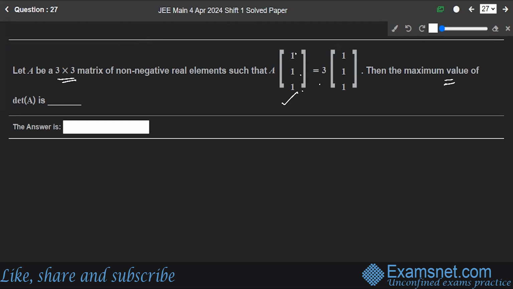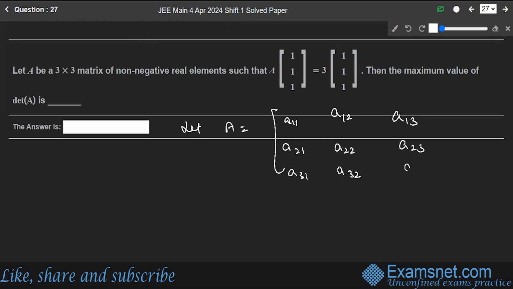So you are given that A is a 3 by 3 matrix. Let's say A is a11, a12, a13, a21, a22, a23, a31, a32, and a33.